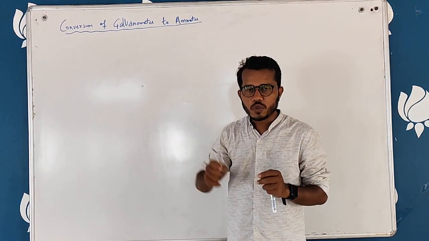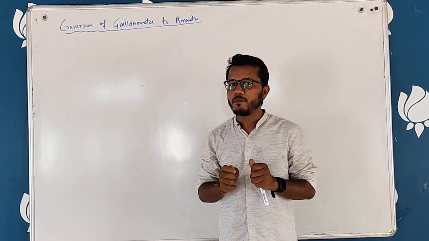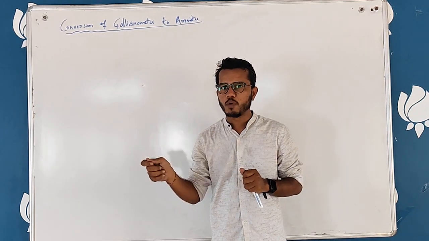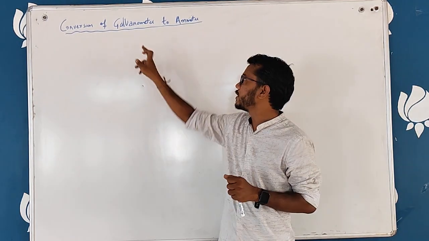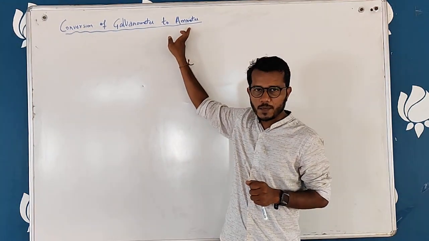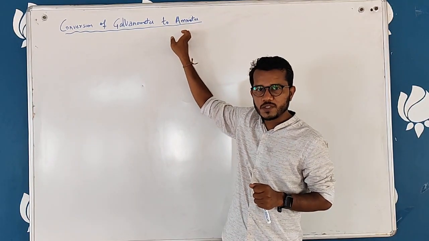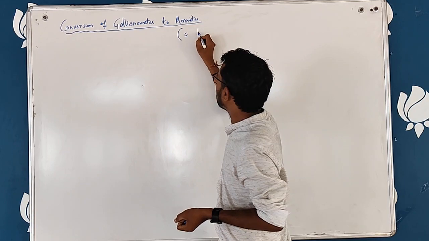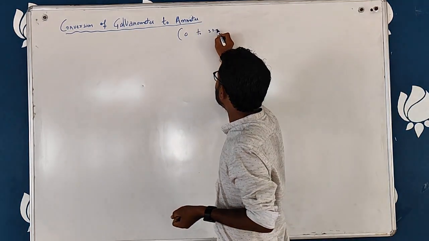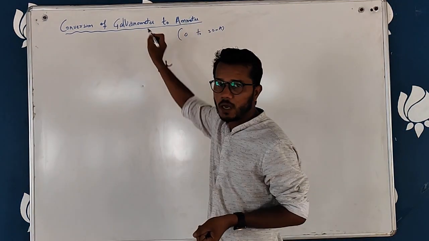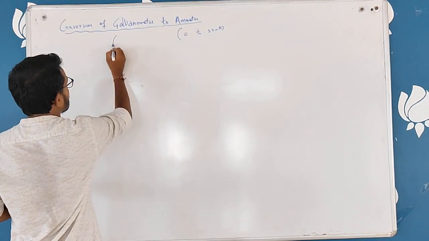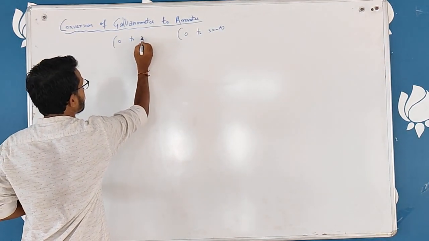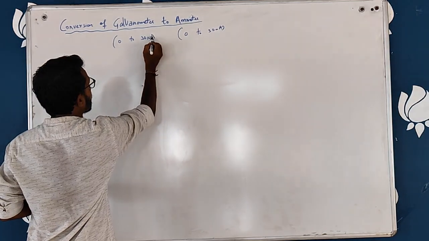And the first thing is we are converting the galvanometer into an ammeter. Usually in our physics laboratory, we do the experimentation with the help of a galvanometer as well as an ammeter. In our physics lab, we have an ammeter which measures current from 0 to 30 milliampere, and our galvanometer range is 0 to 30 microampere.